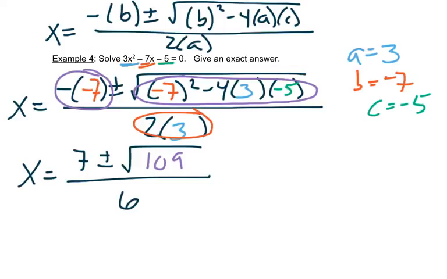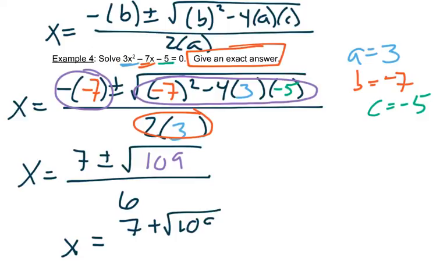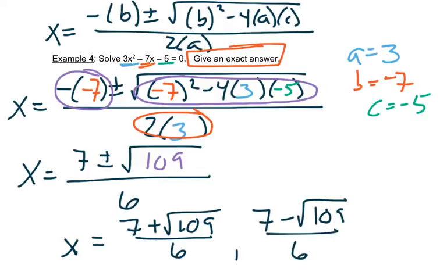Now if you try to take the square root of 109, you'll either get a long decimal or you'll get the square root of 109 right back. It doesn't simplify. So because the directions ask for an exact answer, not a decimal answer, our answers are just 7 plus the square root of 109 over 6, and 7 minus the square root of 109 over 6.